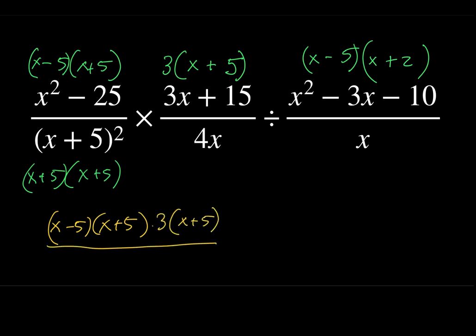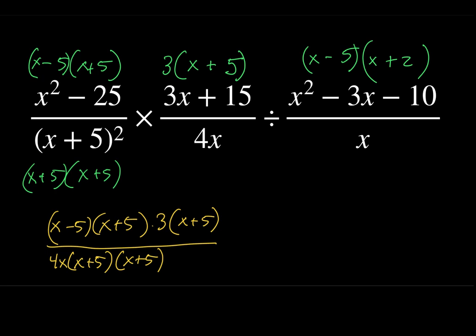In the denominator, we've got these two items: (x + 5) and (x + 5). And it's times 4x, which I'm going to put out in front. I like to keep things without parentheses out in front.